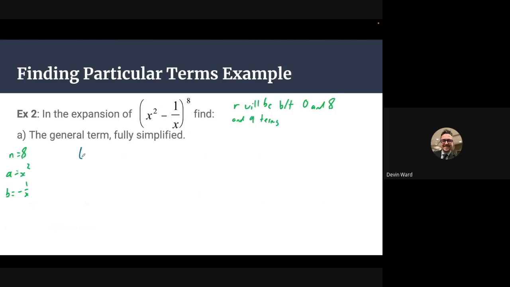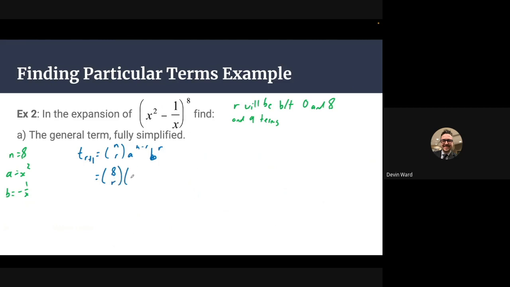So t to the r plus 1 is equal to n choose r, a to the power of n minus r, b to the power of r. Okay. So now I'll have my n is 8, choosing r.